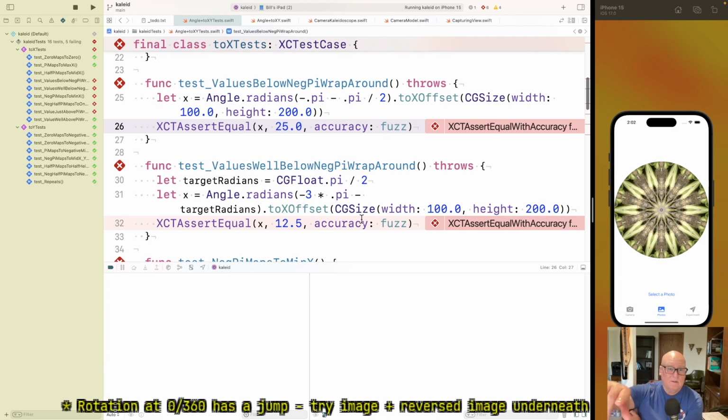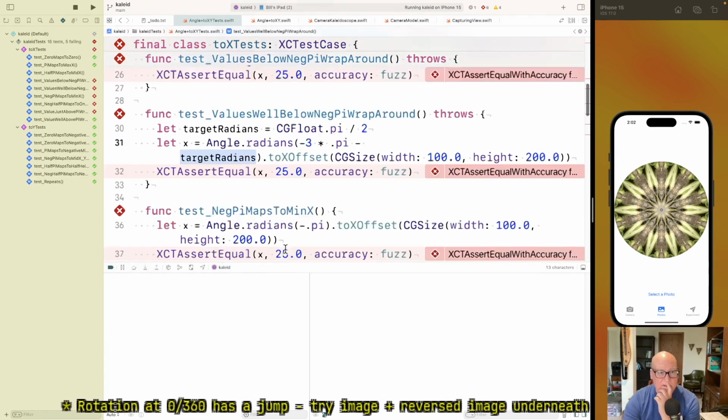Okay, so minus 1 pi gets you halfway, minus 2 pi gets you around, minus 3 pi gets you there, minus pi over 2 gets you to the same place. So 25 again. I think you could say this directly. Well, okay. Yeah, I'll let it be.